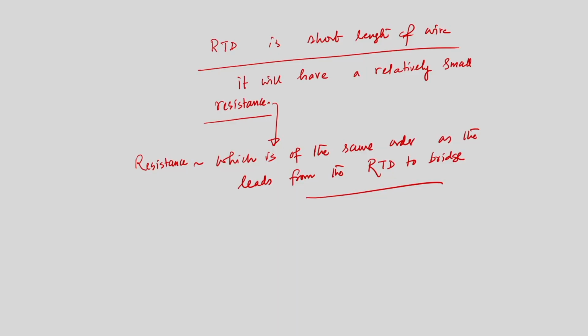In RTD temperature measurements, the resistance of the leads creates a special problem. We are measuring temperature, but the resistance of the leads, which is not 0, will either underestimate or overestimate the measurement.